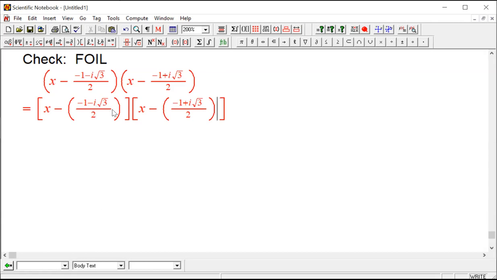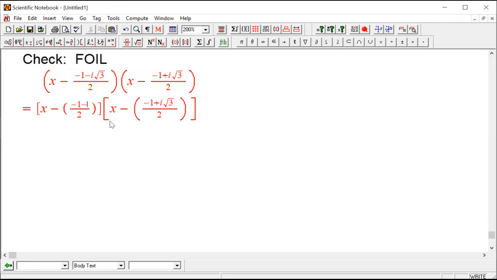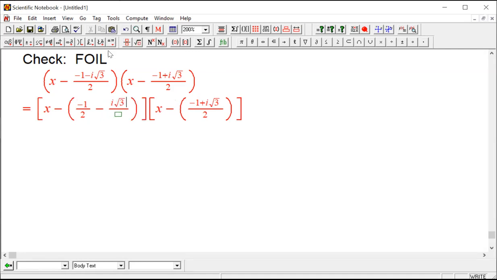So separating the real part, I will get this piece, subtracting the root 3 divided by 2. So basically this piece, I separate it into -1 minus I times root 3. So I'm going to put the I here.